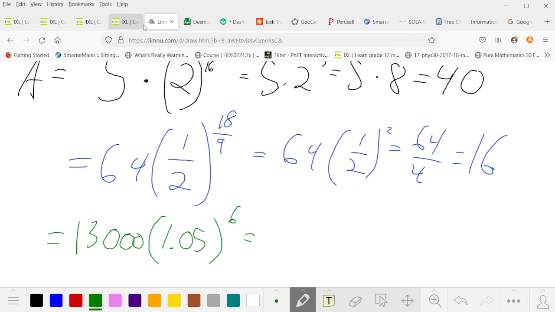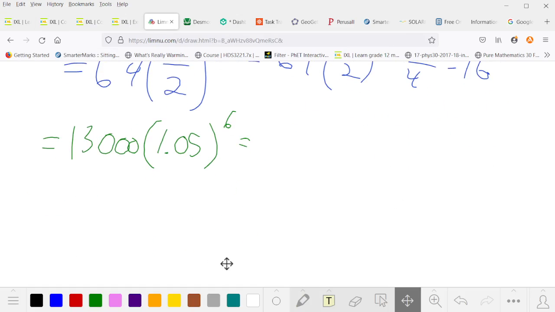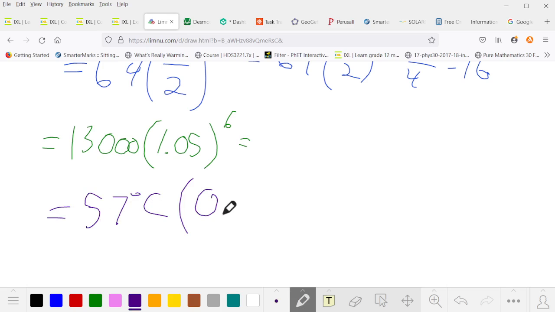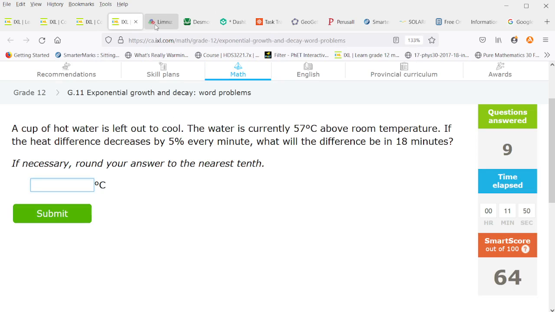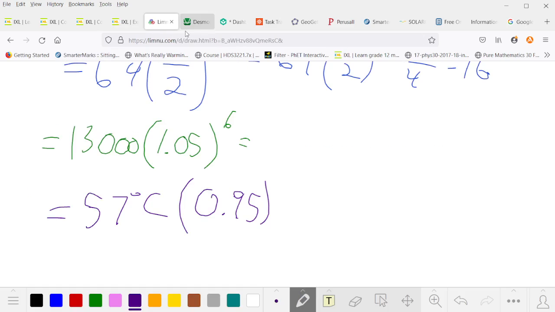So writing this down, this is a case where the initial is 57 degrees, and we are at 0.95, and it drops each minute, and I believe we have 18 minutes. Yes. So it's this exponent 18 that will give us our answer.